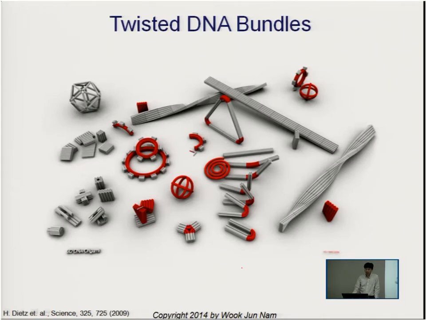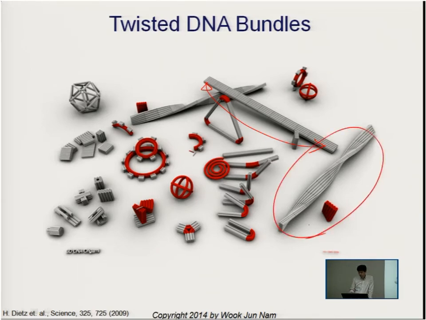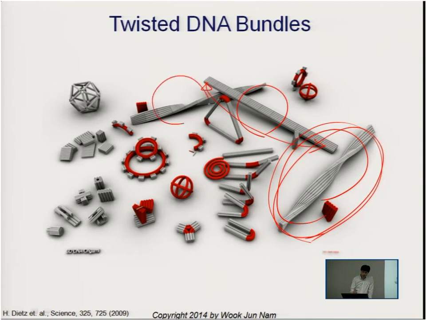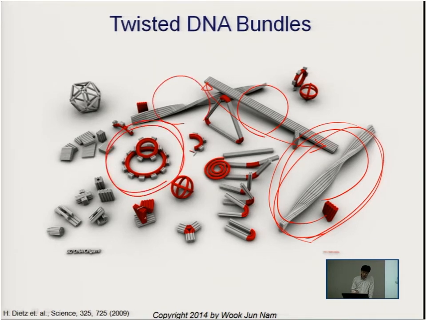And this is another application. People can make much bigger bar structures, and then based on engineering of the twist of the DNAs, people can make these twisted structures. Using this engineering, people can even make a gear-like structure.